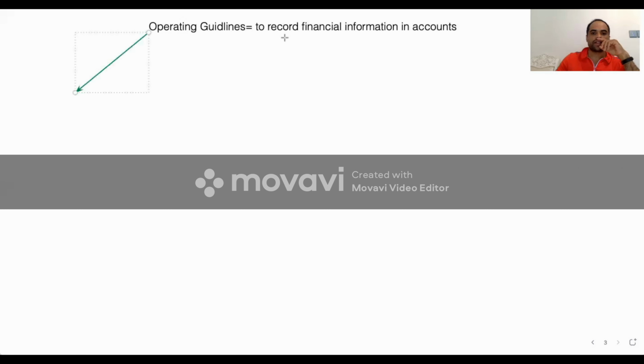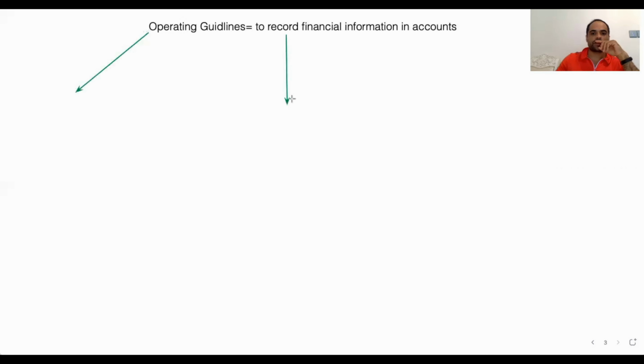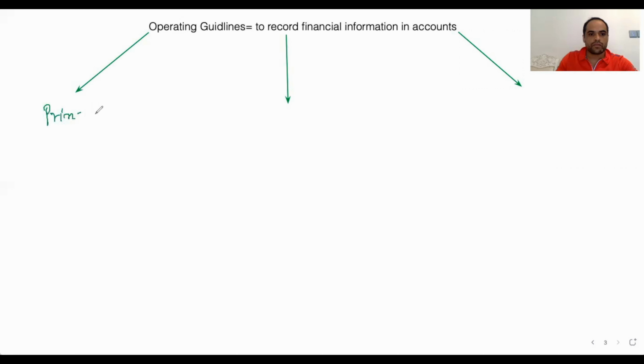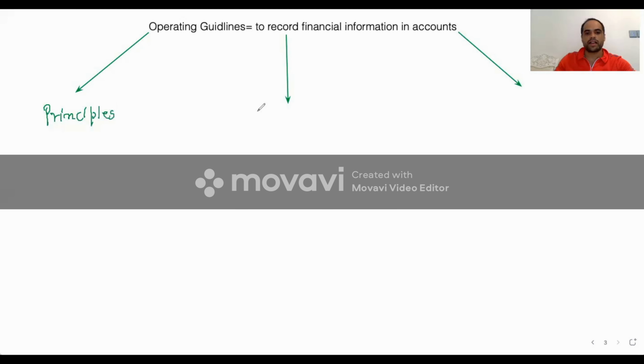Second thing is assumptions. And the third thing is constraint. We get three different types of information from this operating guideline, and these three help us to record information in our accounts. So first is principles, second one assumptions, and third is constraint.